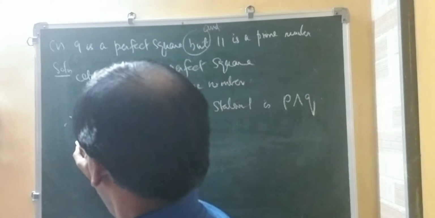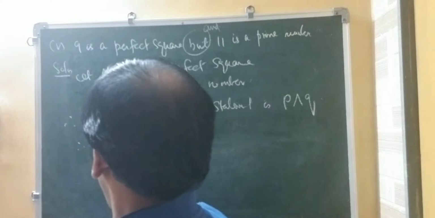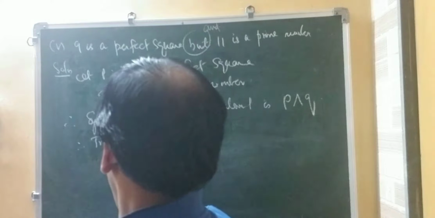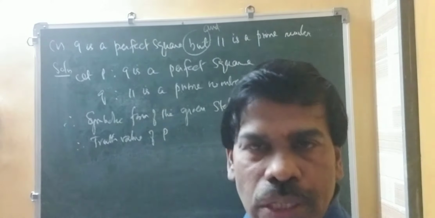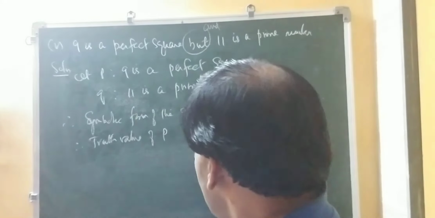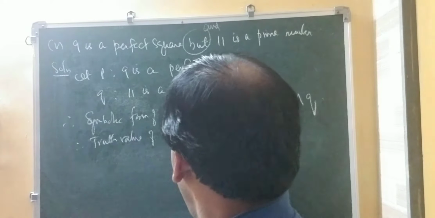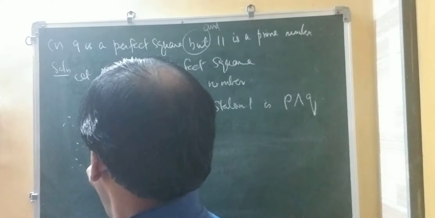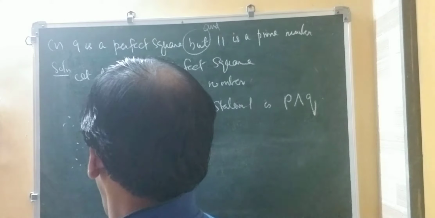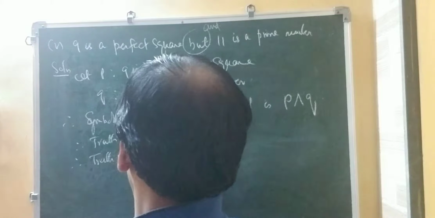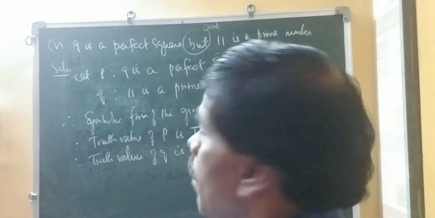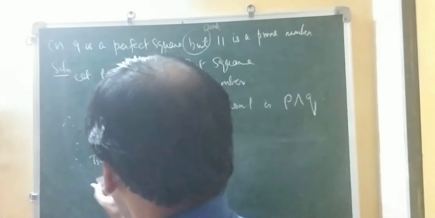Yes. Now, what is the truth value of P? Yes, 9 is a perfect square. Is it right? Yes, it is. So, it is true. Similarly, truth value of Q is also true because 11 is a prime number.